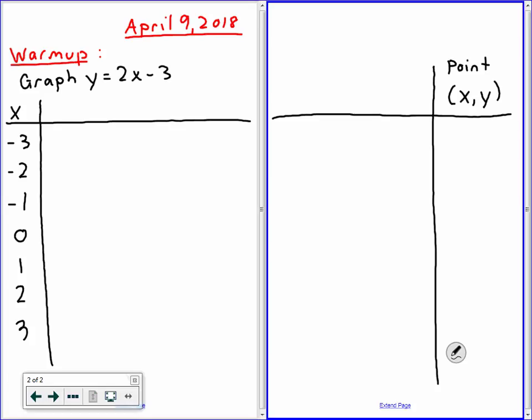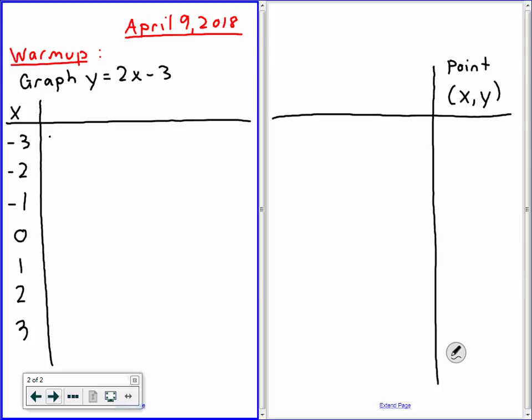Okay, so what do we do for the first entry here? What do we do with the -3? Y equals 2, bracket -3, bracket. Okay, good. You'll notice I wrote it in red here.